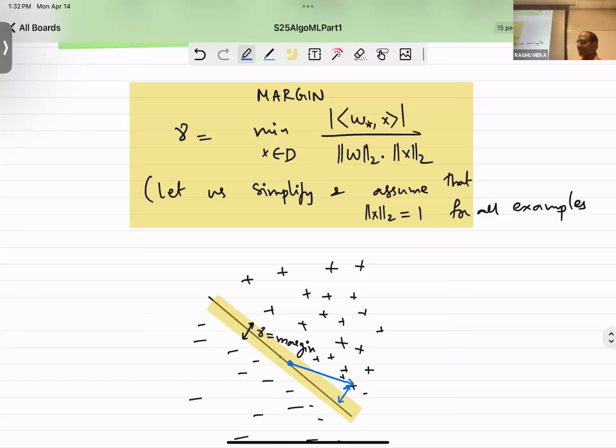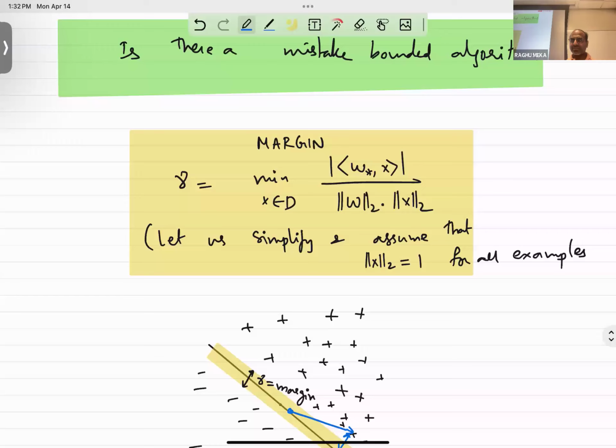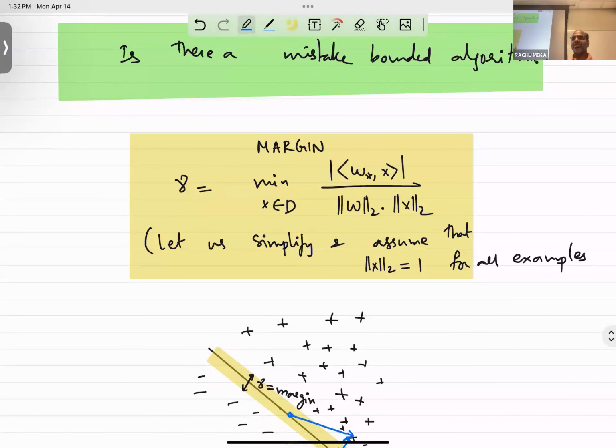In fact, SVMs definitely come from margin. Basically, SVMs are looking for a large margin classifier. If you haven't heard of SVM, it's a very popular method back in the day. And the way it works is they have what's called soft margin. Here we are assuming that everything positive is separated from everything negative.